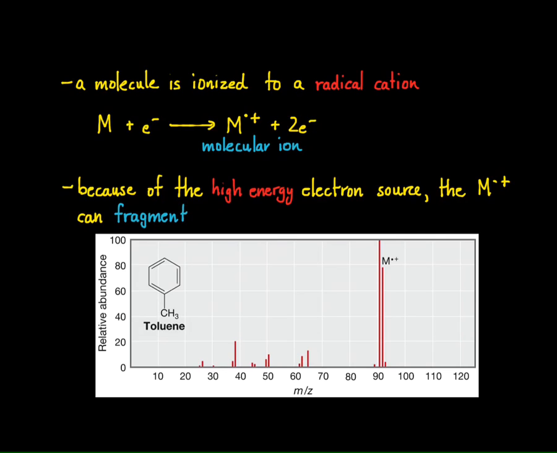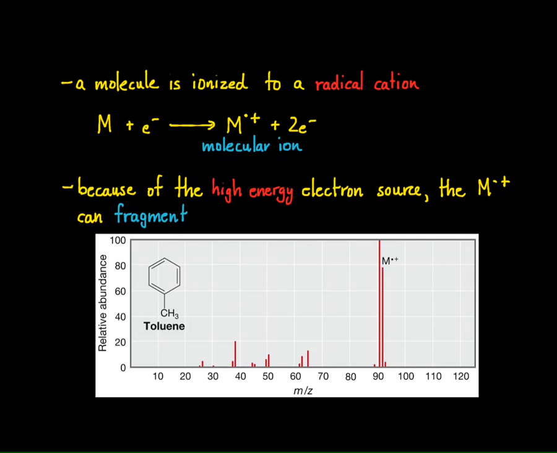And then you see all different types of fragments that are smaller than the molecular ion peak, because you get fragmentation. For example, a proton can easily come off, and you end up with a mass that is 1 unit smaller than the molecular ion peak. But other things can also fragment off, and so you get these little tiny pieces.